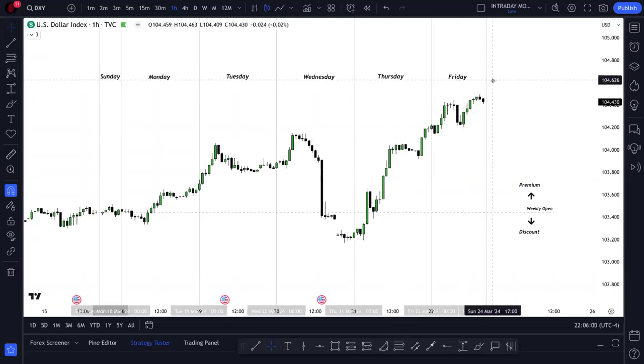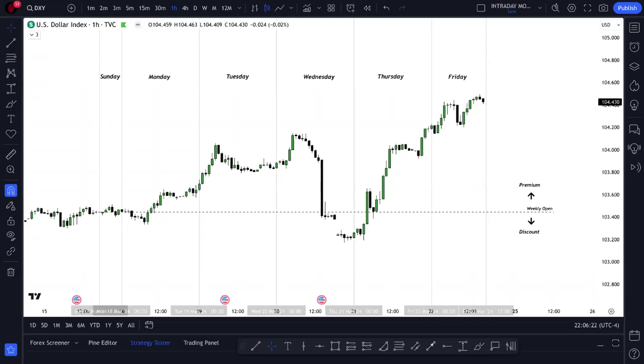So, Sunday to Friday. What you see on my chart here is the weekly opening price. Now, many people may ask, what is so important about the weekly opening price? What's so important about the weekly opening price is that it is our premium and discount levels without any indicators. It tells us when the market is overbought or oversold.